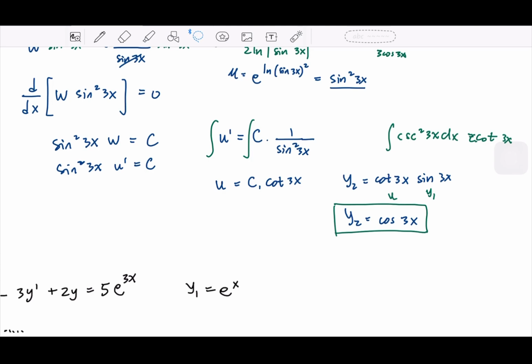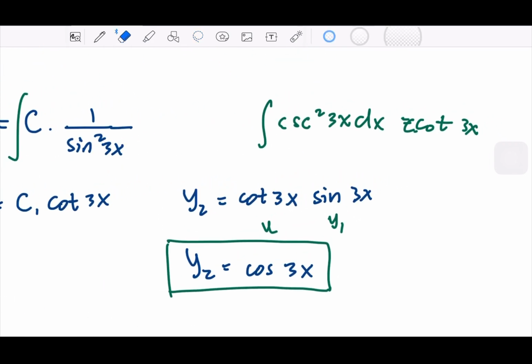Equal, and forget to write a constant. Oh, it should be negative.